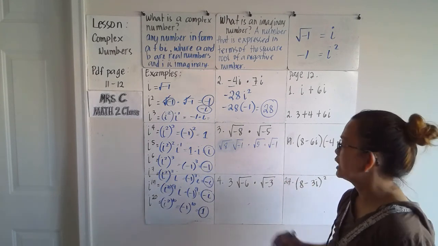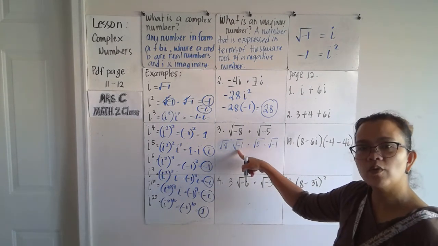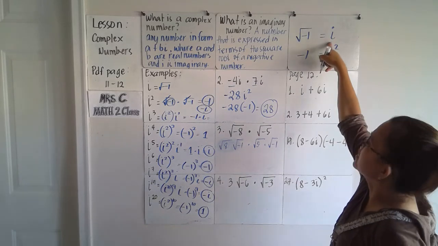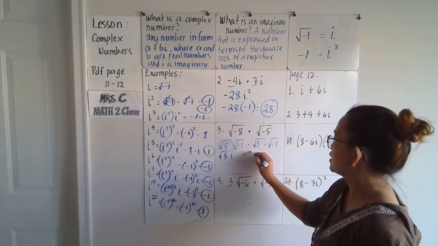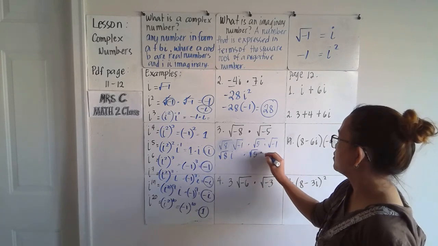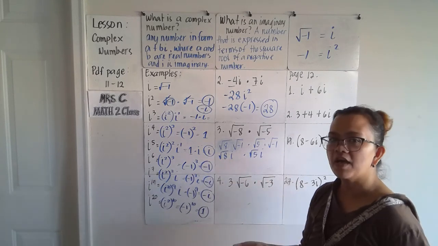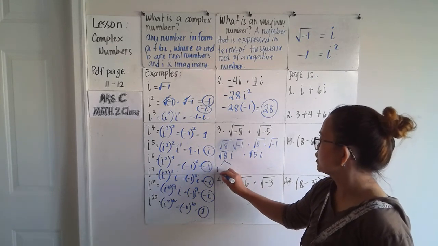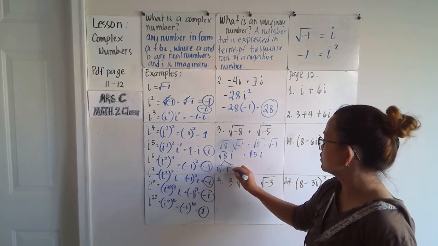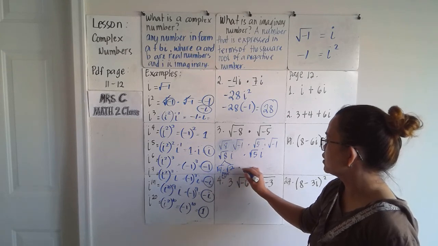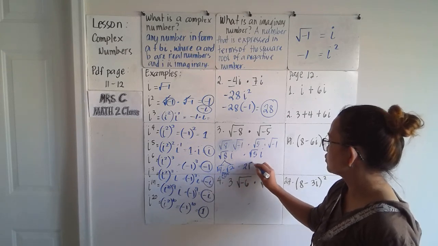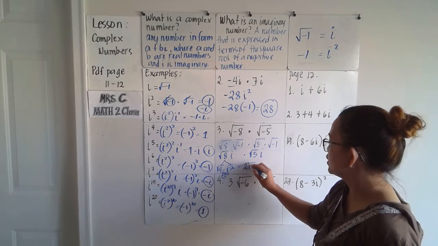All right. Now, what does the square root of negative 1 represent? It is an i. So square root of 8i times square root of 5i. 8 can be factored as square root of 4 and square root of 2. The factors of 4 are 2 and 2. Cancel, take 1. So that would be 2 square root of 2. And we're going to put the i here.